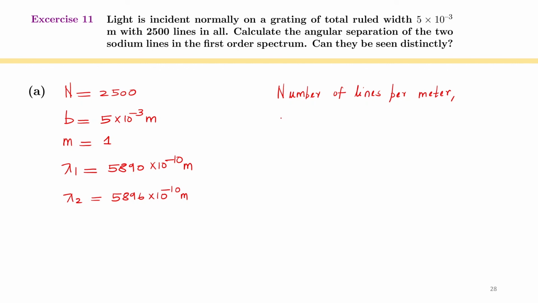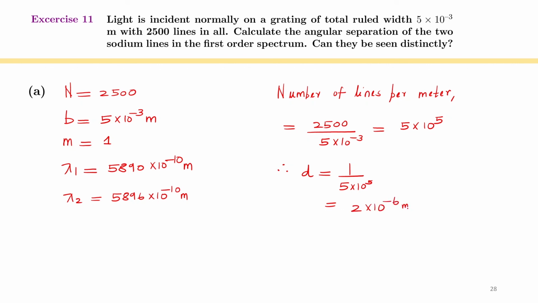And we have the number of lines per meter. This is 2500 divided by 5 times 10 raised to minus 3, and this is equal to 5 times 10 raised to 5. And therefore, d is 1 over 5 times 10 raised to 5, and this is equal to 2 times 10 raised to minus 6 meter.